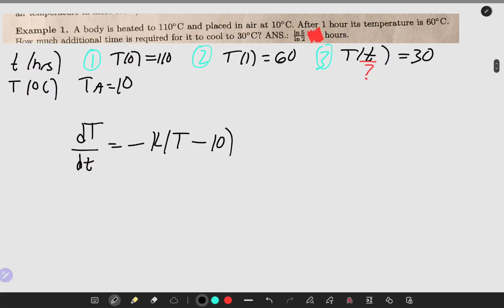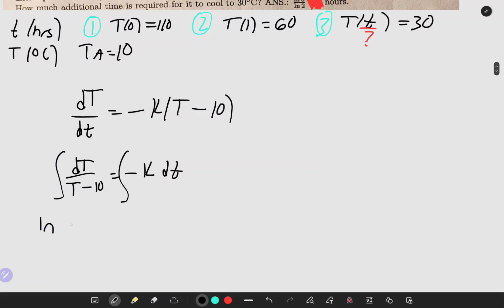We can divide both sides by T minus 10, and that's equal to negative k dt, right? Integrate both sides. Natural log of T minus 10 is equal to negative kt plus c.